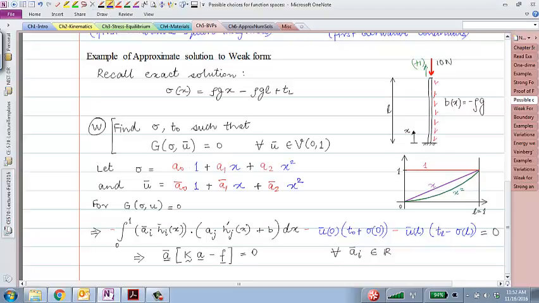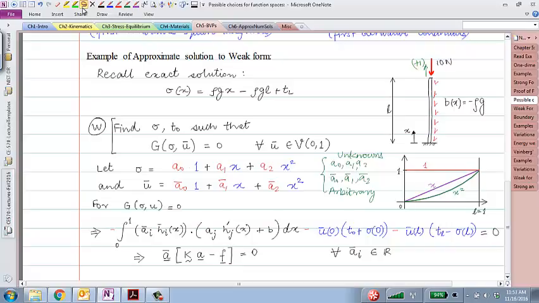Okay, so here these a0, a1, a2 are unknowns that we want to find, and a0 bar, a1 bar, a2 bar are arbitrary coefficients that could be anything.